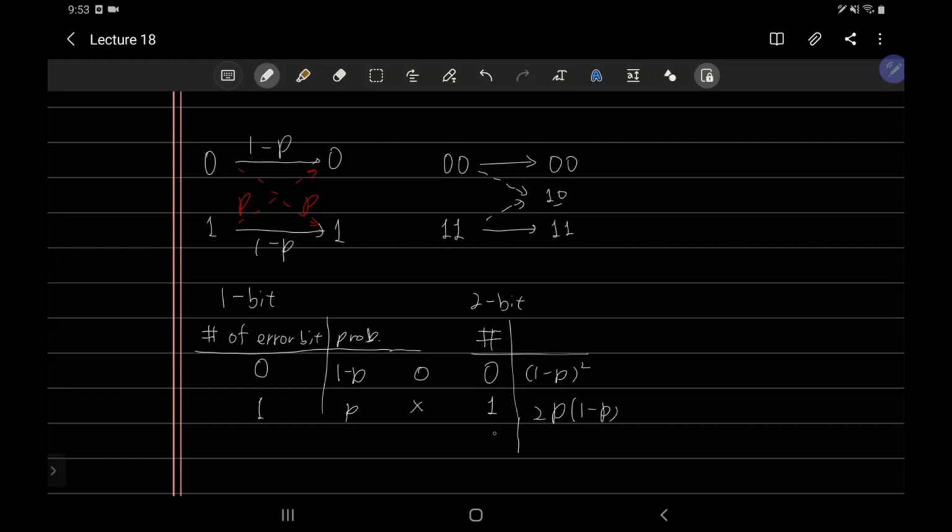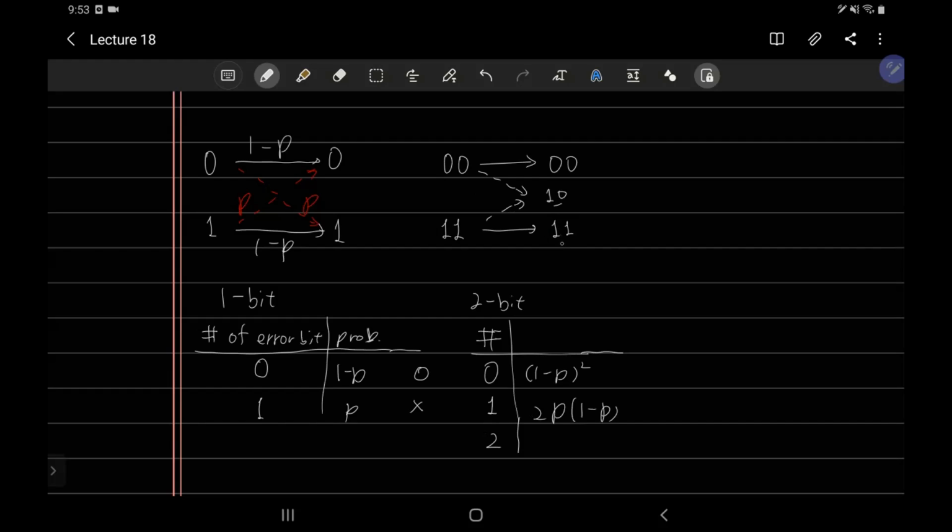Then there is also another case that both of the bits are flipped. So this is the worst case, because in that case, even if we transmitted 0 0, both of the bits are flipped, and then they will be 1 1, and people will just believe that maybe we received the correct information.